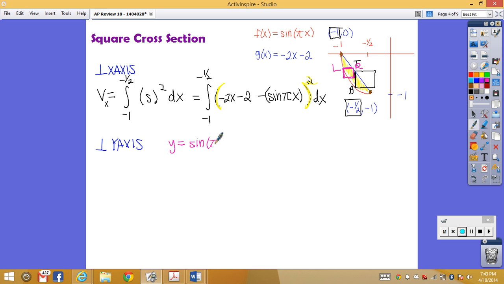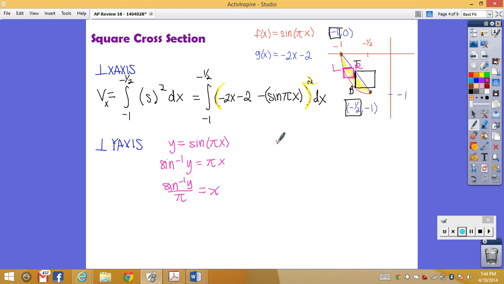This one might be a little bit tricky, but it's the sine inverse of y is equal to pi x. Actually, let's write it as a full fraction instead of a coefficient. So sine inverse of y over pi is equal to x.